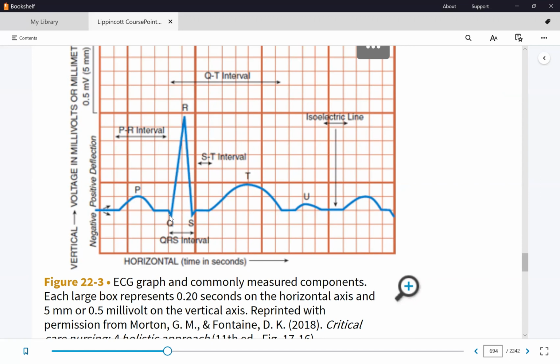The ventricles contracted, and then they started to repolarize. So there's a time. If we measure the time from Q to T, let's measure this one: 1, 2, 3, 4, 5, 6, 7, 8, 8.5. 8.5 times 0.04, how much is that?